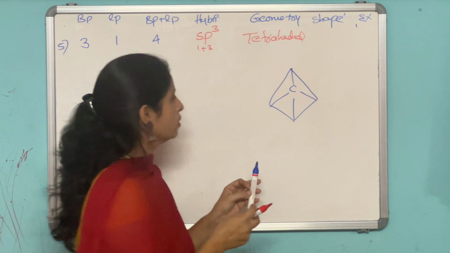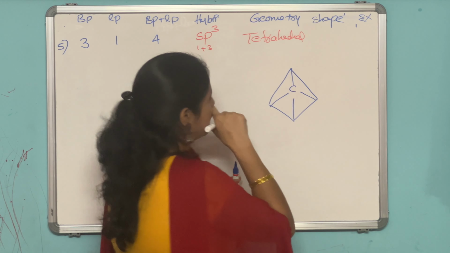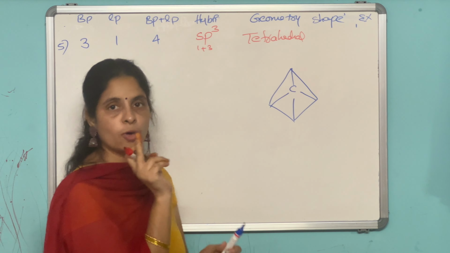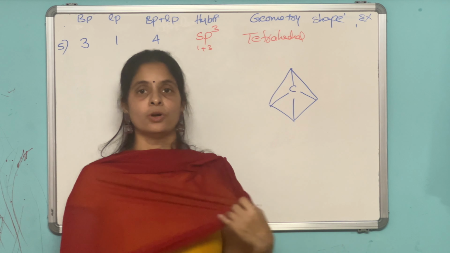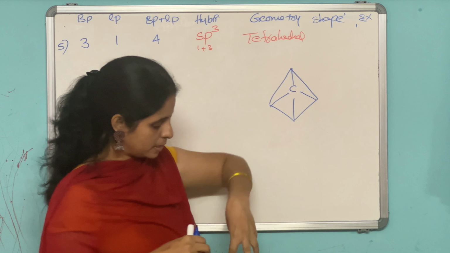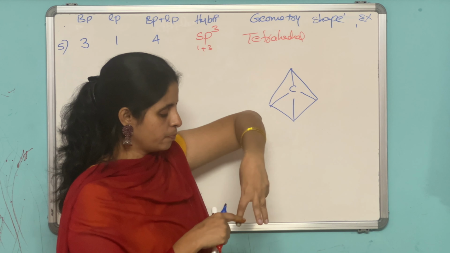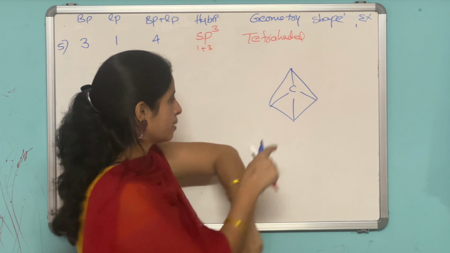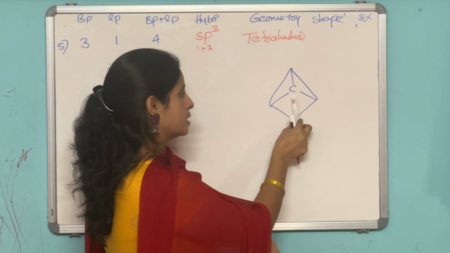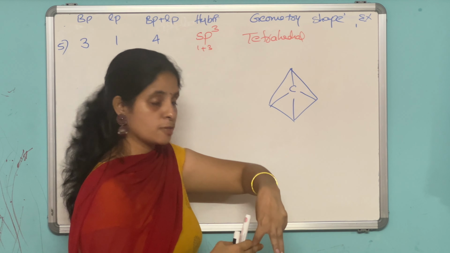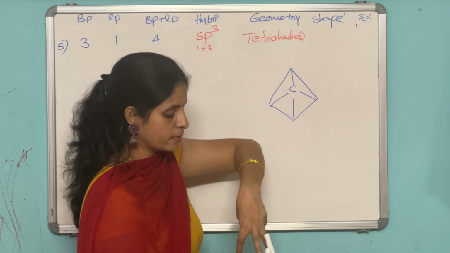Okay. Now it is the central atom and the surrounding atoms. Now if one lone pair is there, you just assume this as one atom here, this one, and this my forefinger, and this one.